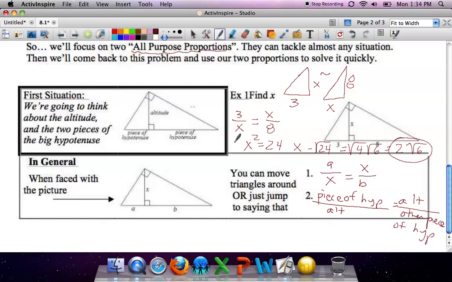Let's look at this again. In this example, 3 is to x as x is to 8. A is to x as x is to B.